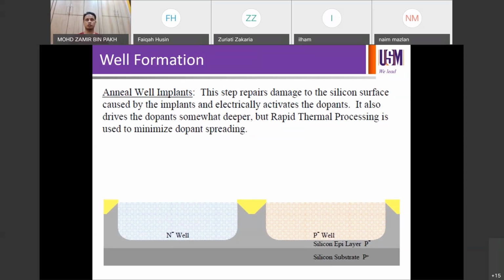So you want to restore the crystal lattice in the silicon from monocrystalline, then damaged by your implant to be amorphous perhaps, and then you want it to be restored to monocrystalline again. Just like what we discussed during the ion implantation process last time. To repair the damage and to also electrically activate the dopant.